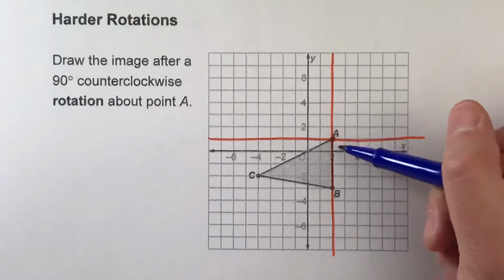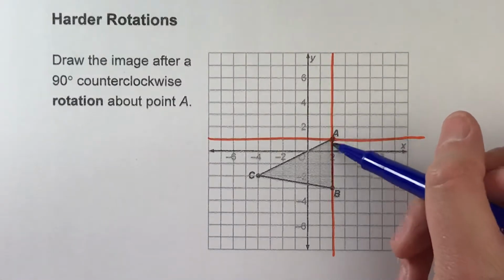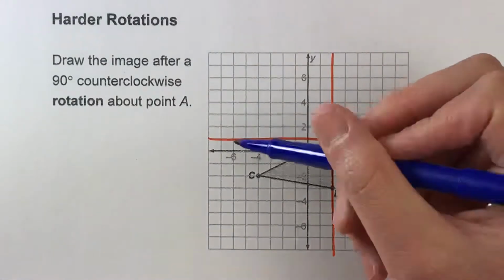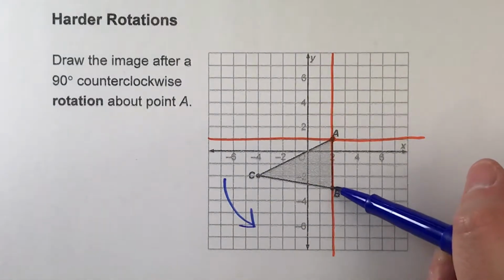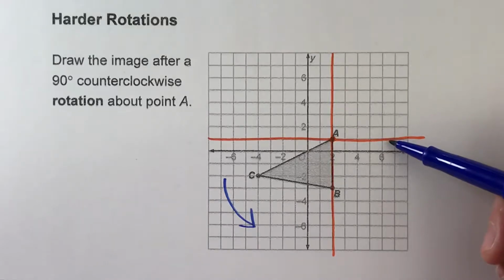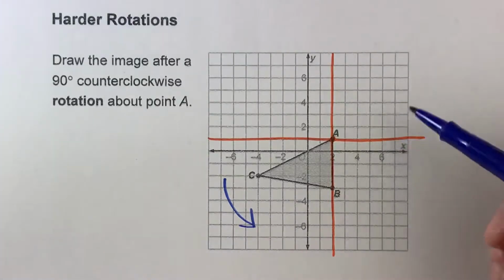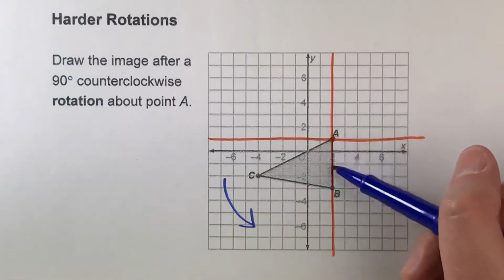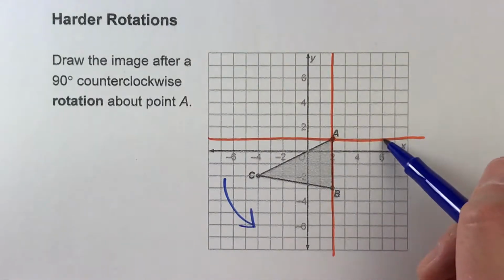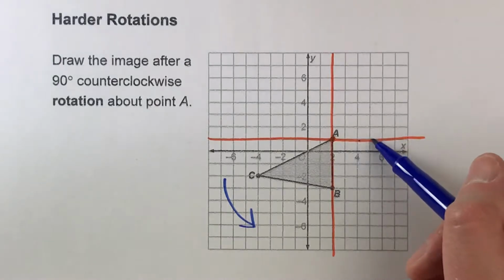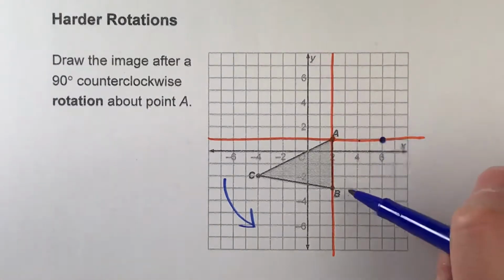So notice, point B is on the y-axis, and we're rotating counterclockwise, so that's this way. So that means point B is going to end up on the x-axis when it rotates 90 degrees. And since it's 4 steps away from the fake origin, it's going to remain 4 steps away from the fake origin, just on a different axis.